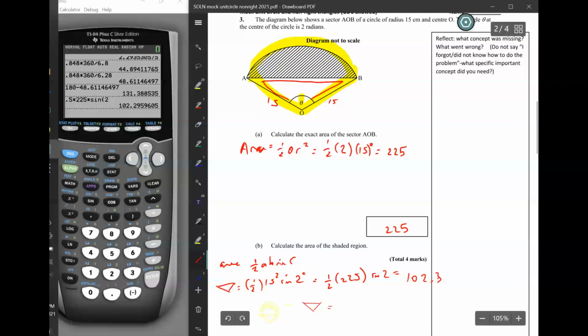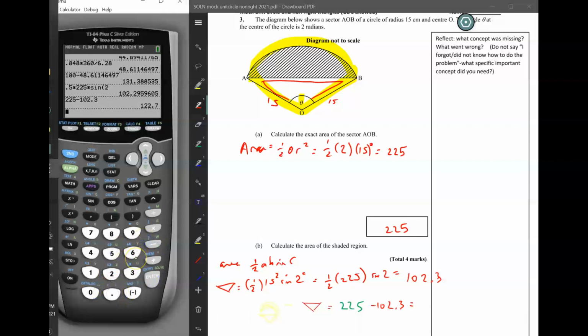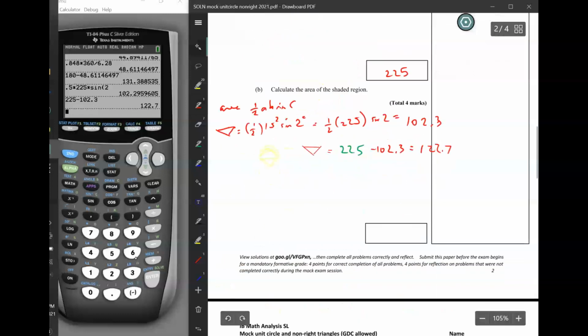So what we would do is take the 225, which is the entire sector, and subtract 102.3, which would give us 122.7. You could put 123 if you round to 3 significant figures. Okay, next page.